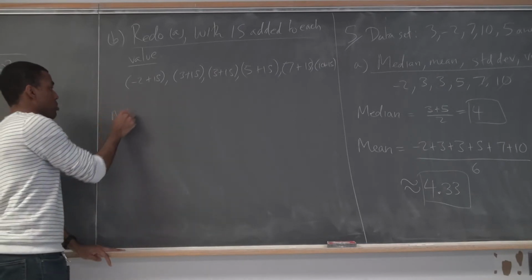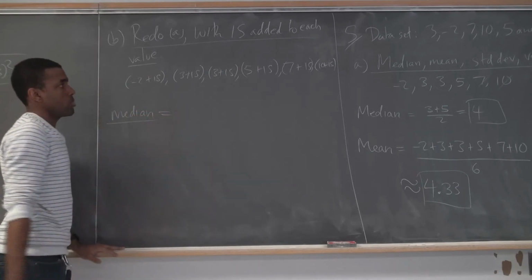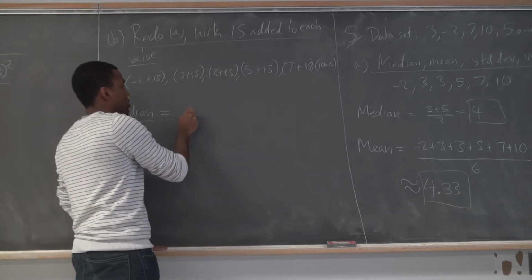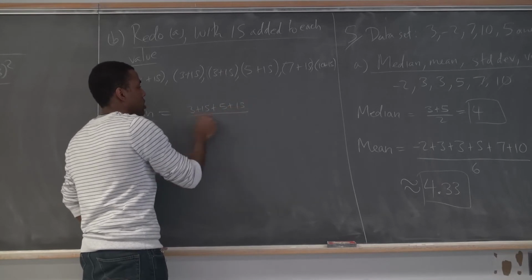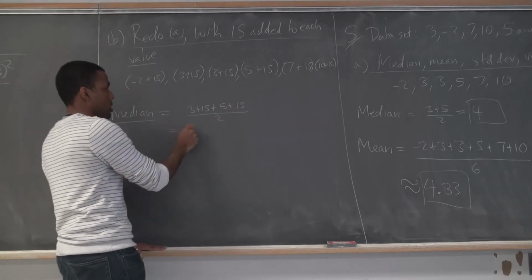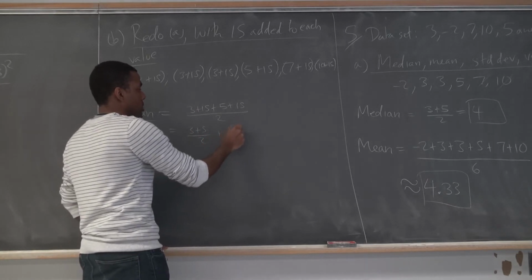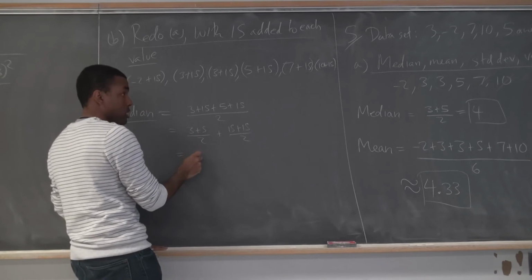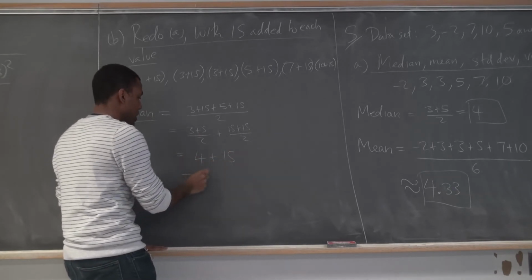So the median would be, again, just the average of the two middle ones. So you have 3 plus 15 plus 5 plus 15 all over 2. This is 3 plus 5 over 2 plus 15 plus 15 over 2. Here this gives you the old one, which was 4, and this gives you 15. So it's 19.